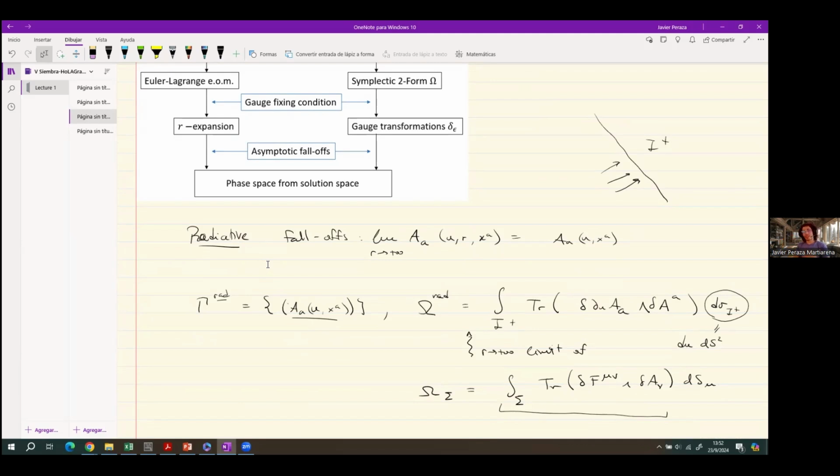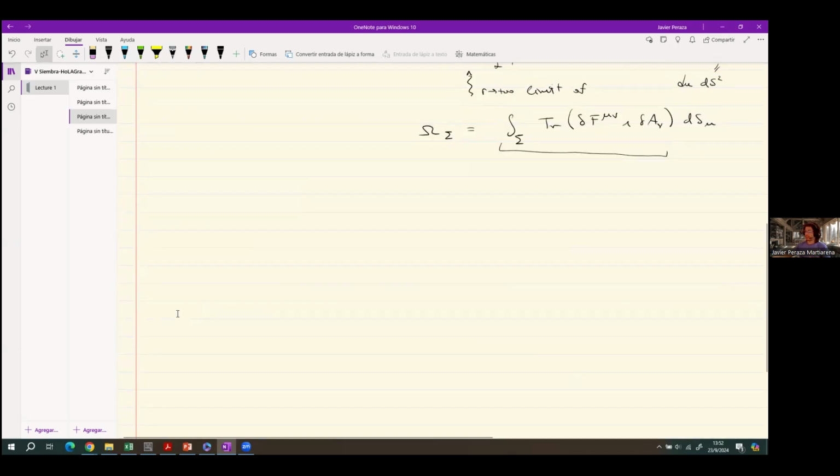If the Poynting vector is non-vanishing, you can translate it to the electromagnetic field strength, so F_uA has some non-vanishing values at null infinity. Then what you do is, I want it to be of order 1 in R.